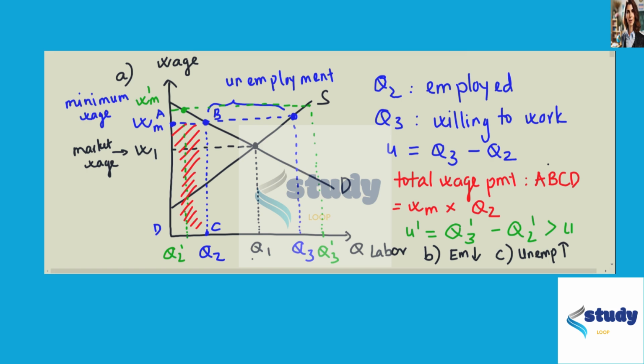The elasticity of demand determines the change in the quantity of labor demanded, and the elasticity of supply determines the change in the quantity of labor supplied. The difference between the quantities supplied and demanded of labor is the amount of unemployed.